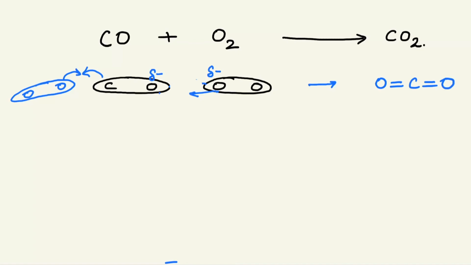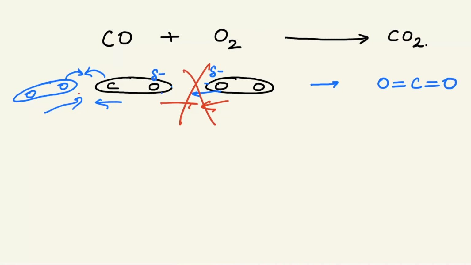In other words, this collision was effective, whereas this collision was ineffective, right? So what has happened here? What did we change? Our reactants are the same, our activation energy is the same. What has changed is the orientation, how it is being approached. The orientation has changed of the two reactant molecules.